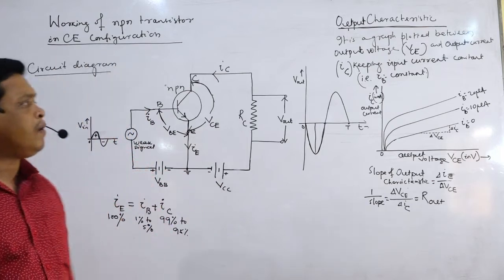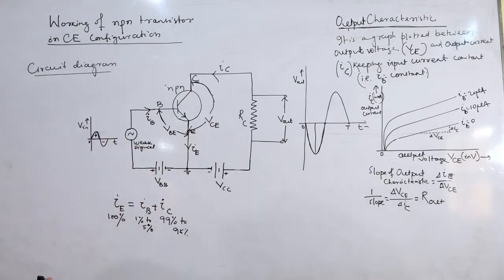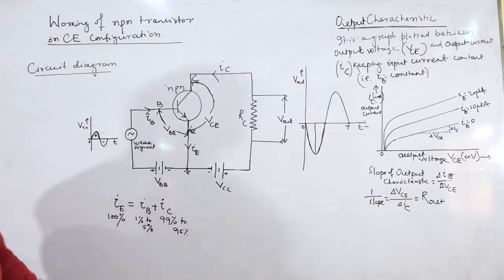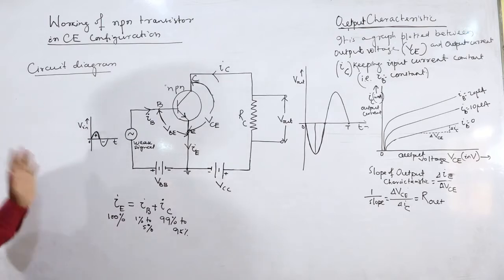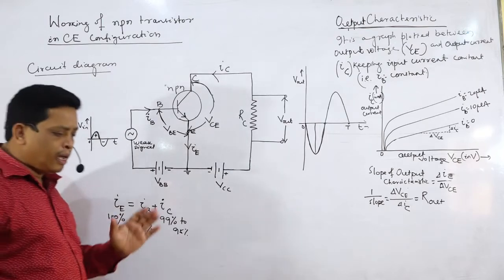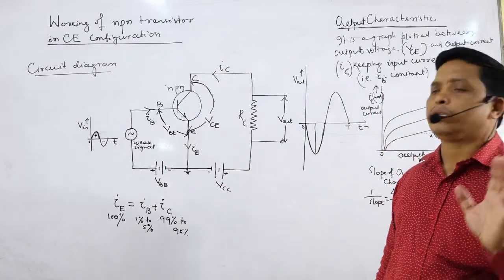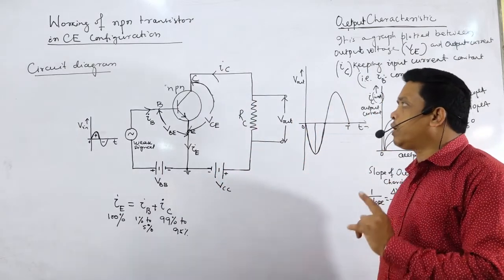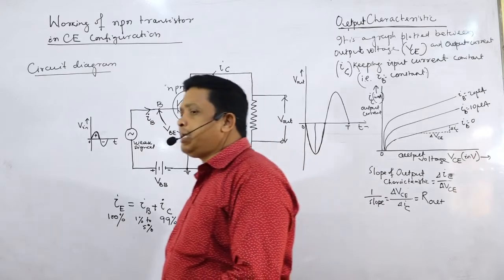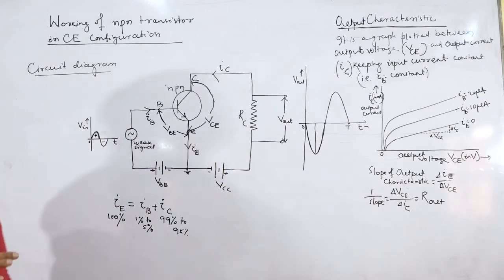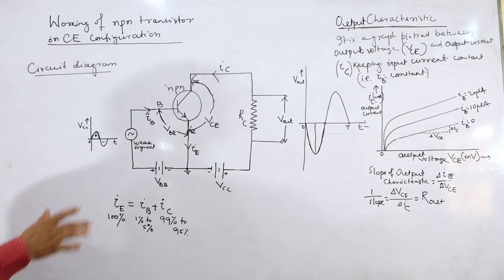So this is how we have explained the working of NPN transistor in common emitter configuration. This can be a long question for your council examination. This is an important question. You will get a question like this: discuss the working of NPN transistor or PNP transistor in common emitter configuration.